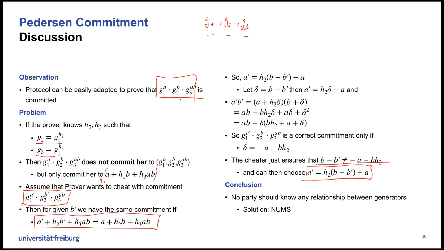So I get the same commitment for different numbers if the product is still the same, but I wiggle around with A prime and B prime, and we still make the same product, and it looks fine. But I have not committed to A and I have not committed to B. So I can use the secret information here of these generators in order to sneak out.